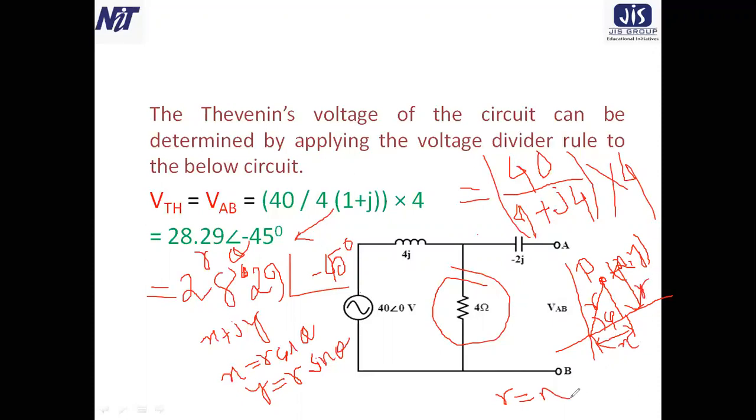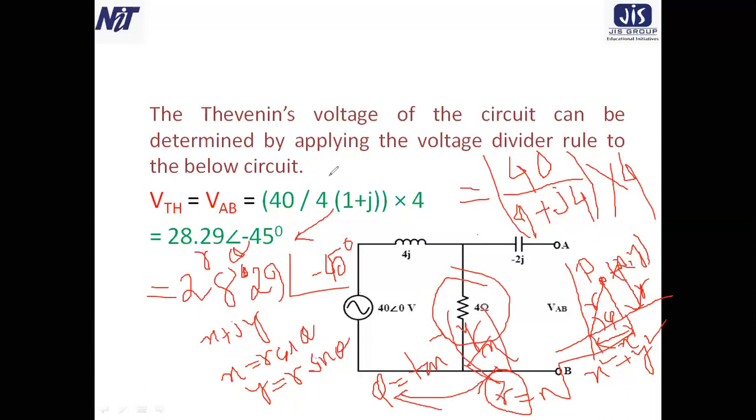So r equals root over x square plus y square, by Pythagoras. Here x and y both are given, so you can easily find the value of r. And what is phi here? Phi is tan inverse y by x. So simply using these two formulas, you can convert from x plus jy to r theta form.